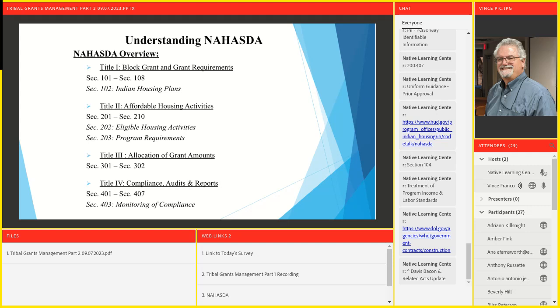Okay, Title 3 is on the allocation of the grant amounts. Now, if you want to get into this, it's kind of a self-learning. This is the formula. If you want to understand the dynamics of the dollar amount that you receive for the Indian Housing Block Grant, this explains to some degree the allocation process.